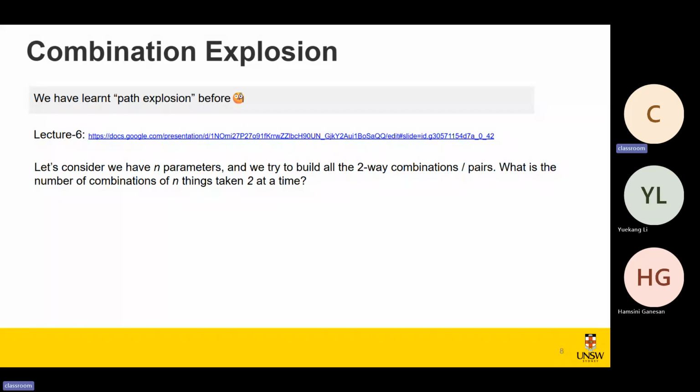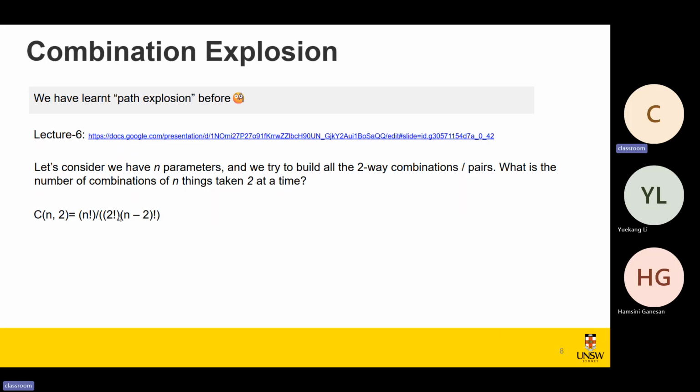I think maybe you have learned this in high school, like calculating combinations. We have n things, we take two out of them. So it's like Cn2, right? The calculation is like this. Choose two out of n things, and we don't care about ordering.